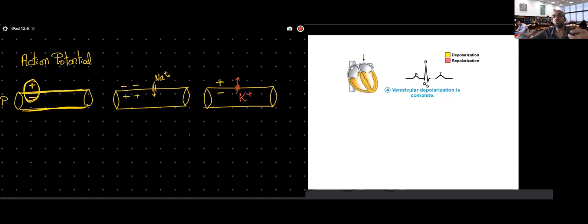So losing positively charged ions will allow you to return to the polarized state. If you remember from last time, potassium is responsible for the polarized state. What I mean by polarized state is the inside is more negatively charged than the outside.